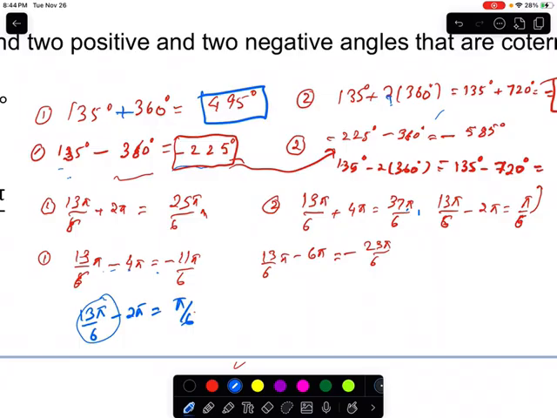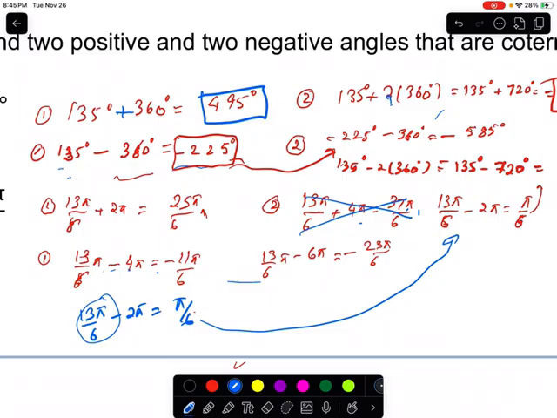So we can now discard this value, or we can put it in our positive angles. But it doesn't matter. If you keep that one, that's fine. You don't have to take the consecutive ones.